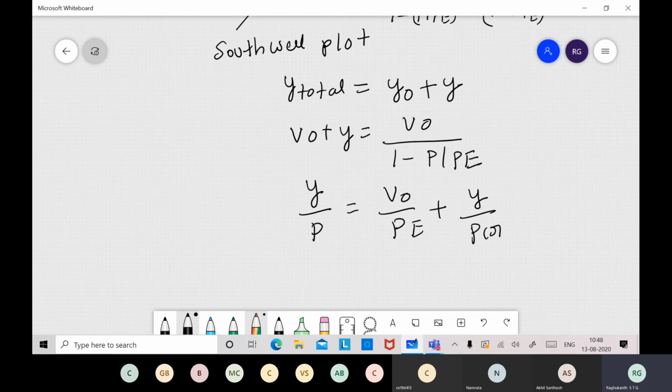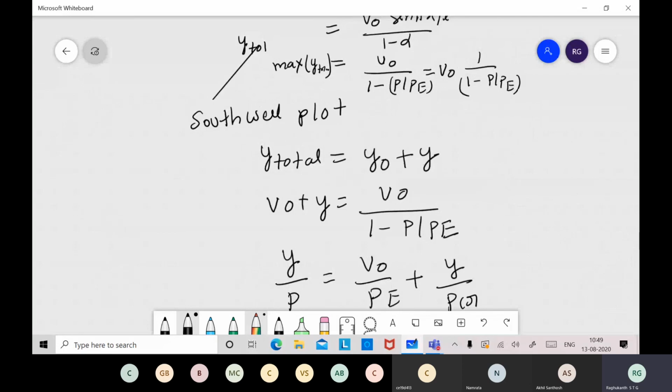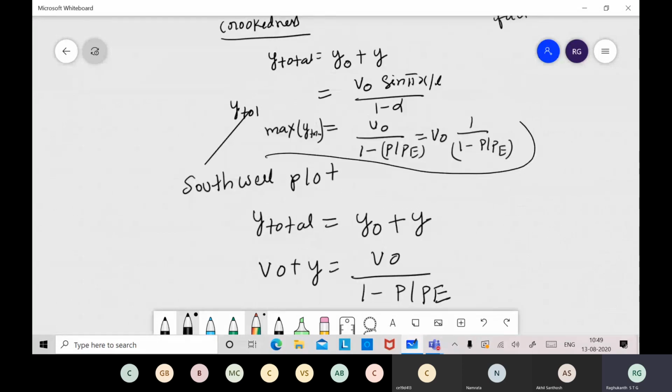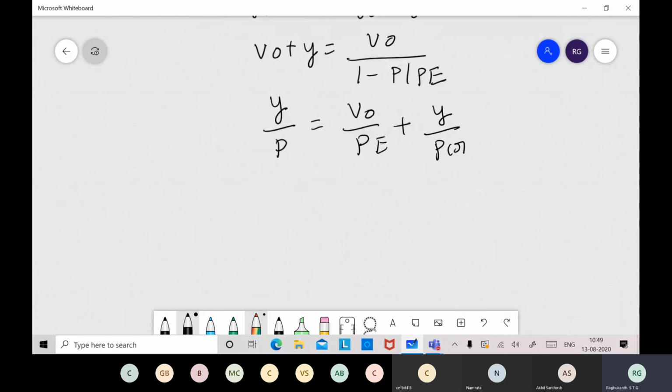I think something is missing, right? Just 1 second. Sorry, this one here is 1 by PCR. Then this becomes... yes. So this is the equation which comes just by doing some algebra. This portion we have just tried to manipulate by doing some algebra. So you will have an equation like this actually.